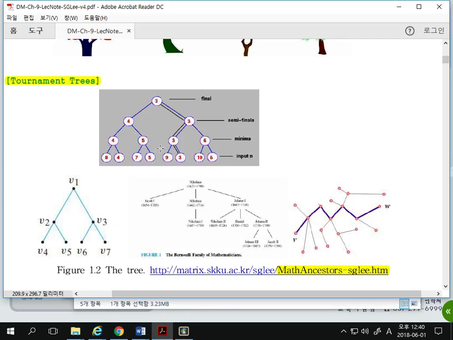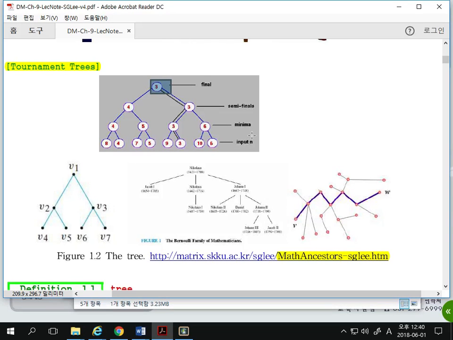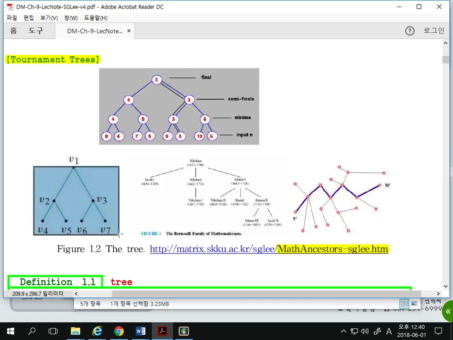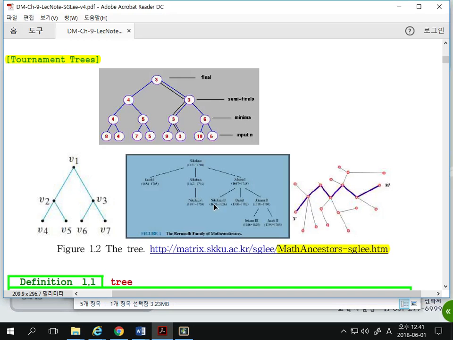This type of tree is called a tournament tree, like Elite 8, Final 4, Semi-Final, and Final. So you have seen many trees before, and also family trees are an example of trees that we're going to study.